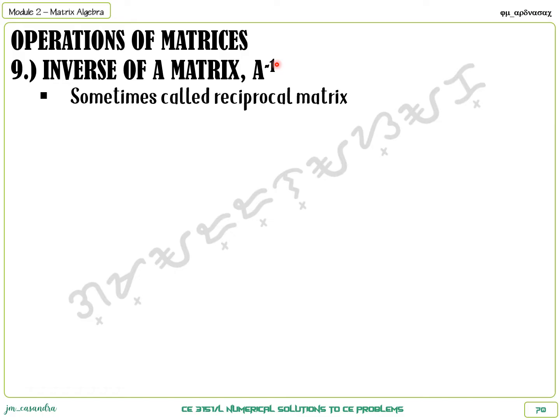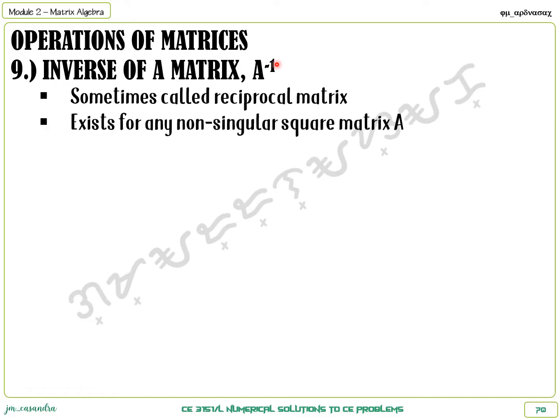The inverse matrix is only applicable for non-singular matrices, meaning if our matrix has a determinant equal to 0, which defines it as a singular matrix, then that matrix is considered not invertible.